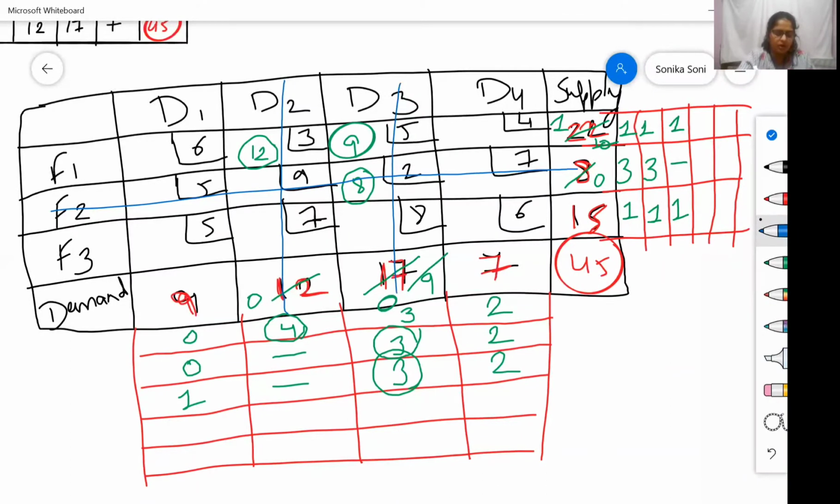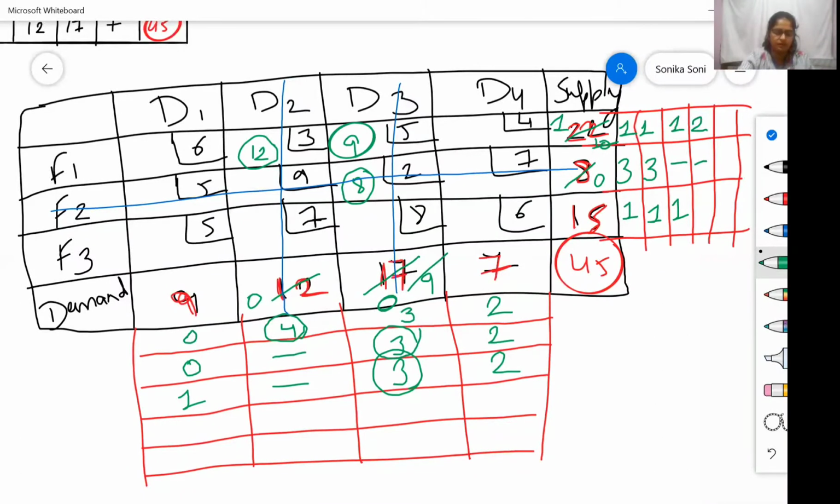Now we are left with the D1 column, D4 column and the F1 and F3 rows. Again we have to find the penalties. For the penalty we will ignore the D2 and D3 columns, which means we are left with D1 and D4, where we have 4 and 6 as the lowest costs. The difference between them is 2. For the second row, it is nil.